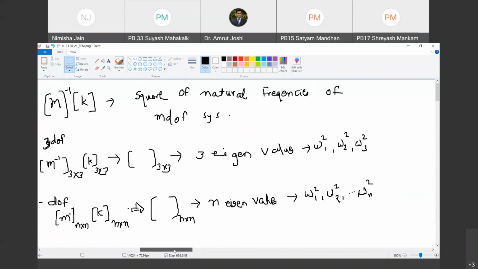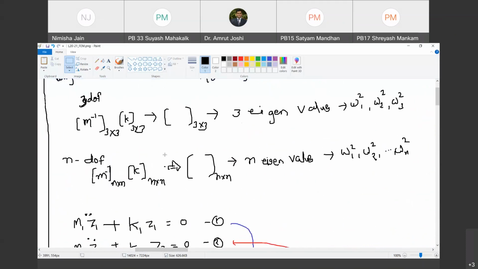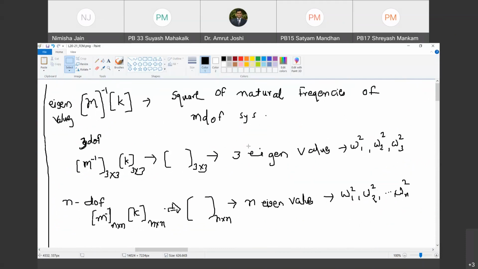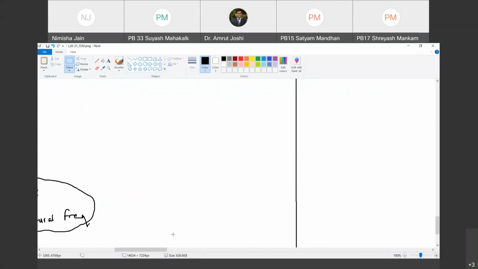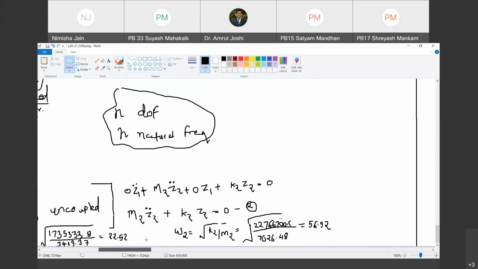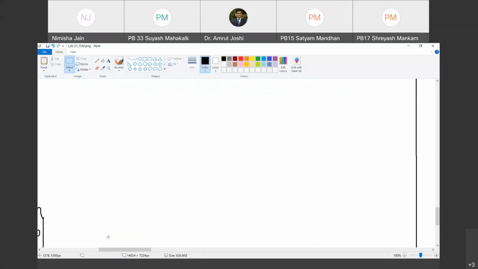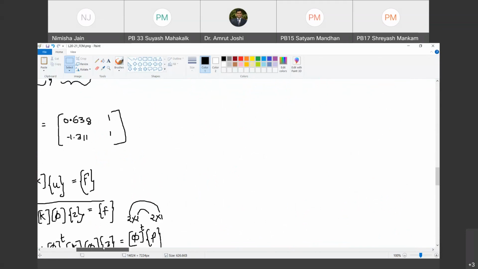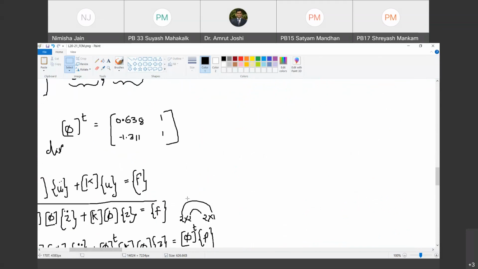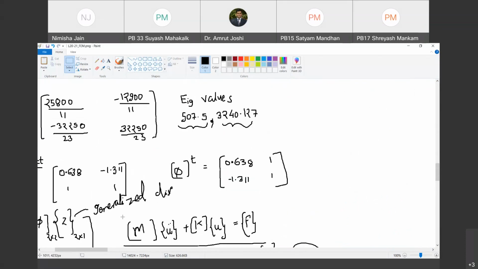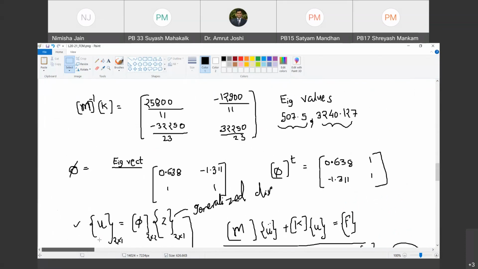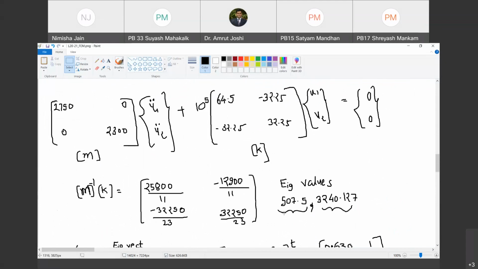Okay. So then I proved that if you square this 22.52, that turns out to be somewhere close to 507, which is the first eigenvalue.